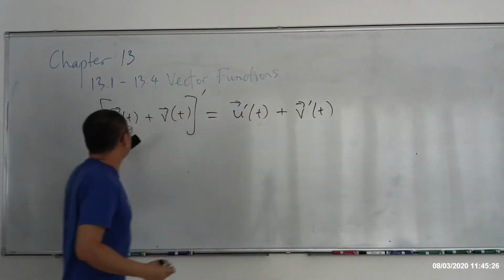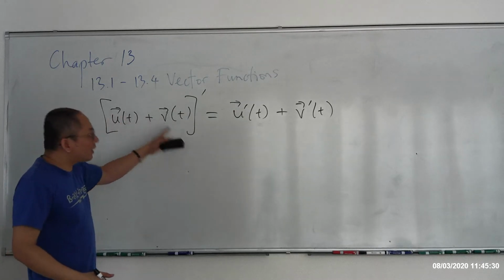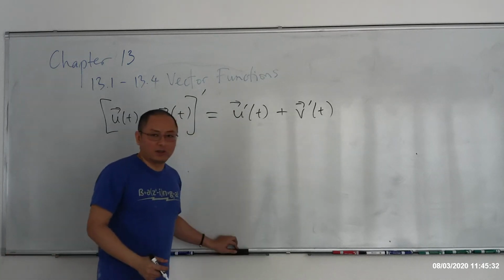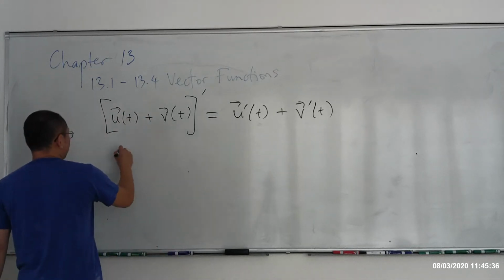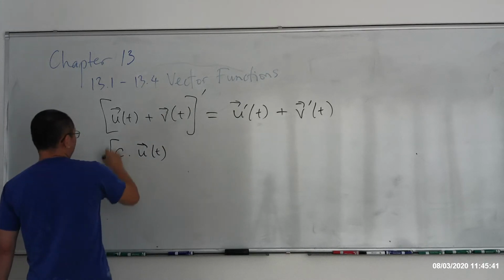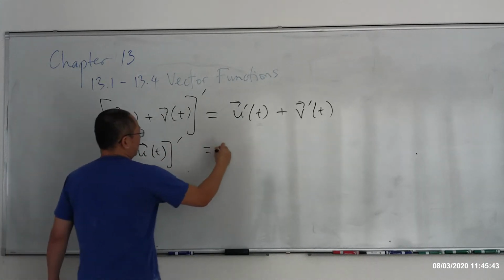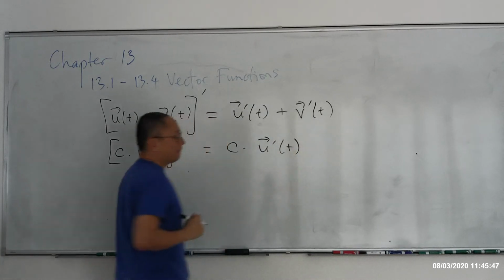Those are the same thing. So instead of talking about 2 functions, we're now talking about 2 vector functions, but the idea carries over exactly the same. Okay? What if you have a constant? Say c is a constant times vector u, and then you take the derivative. You leave the constant alone. You take the derivative of vector u.